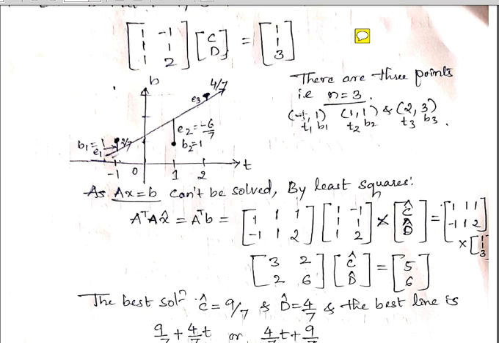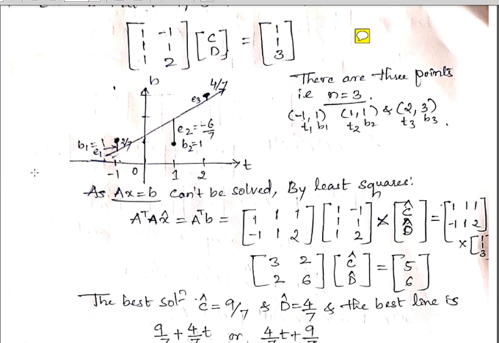So T1 is -1, so (-1, 1) will be represented over here. Then (1, 1) on the right side at this place, the dot, and (2, 3) will be represented: T is 2 and 3 is the height, which will be this dot.